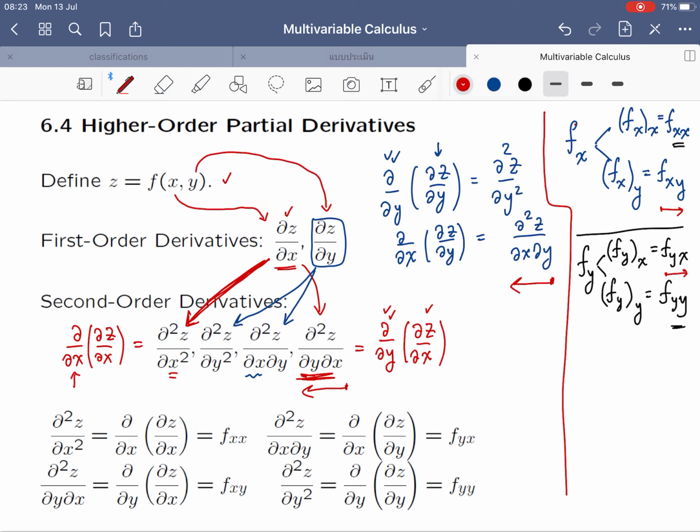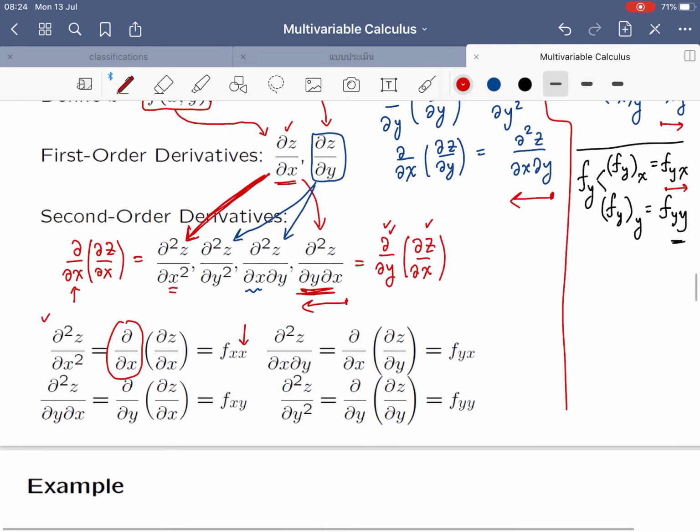The first notation looks like a fraction and puts the derivative up front, and the second notation, using the subscript, puts the further derivative on the back. So you have 4 second order partial derivatives from your two variable functions.